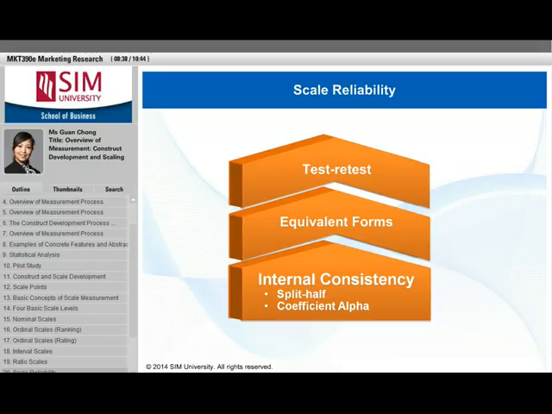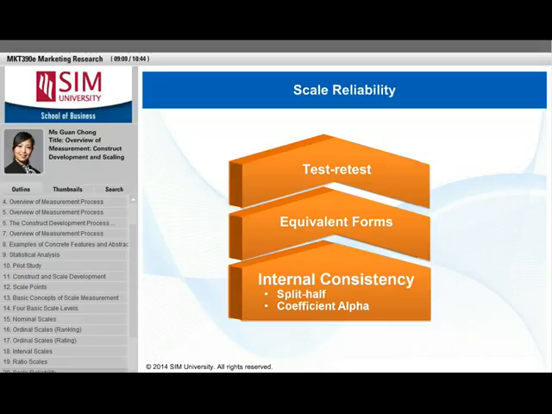The test-retest technique involves repeating the scale measurement with either the same sample of respondents at two different times or two different samples of respondents from the same defined target population under as nearly the same conditions as possible. The equivalent form is a technique to establish scale reliability by measuring and correlating the measurements of two equivalent scaling instruments.